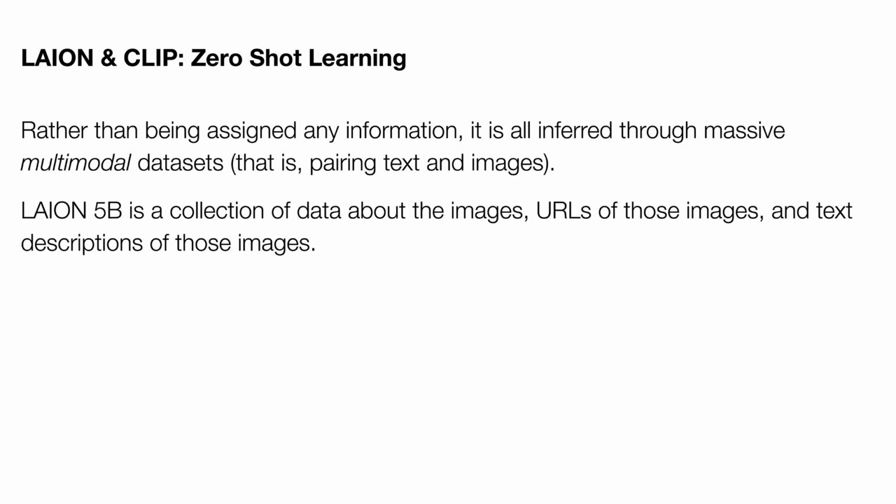And as we saw, Leon doesn't need anyone to tell it what's in the data set. It is designed to go out and figure this out on its own, because it is a multimodal data set. It means it looks at two pieces of information and correlates them. It looks at text and it looks at images.